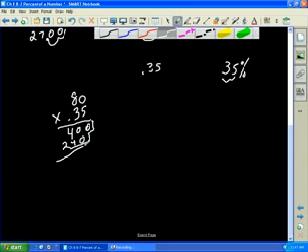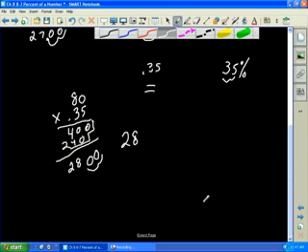And now we add it up. 4 plus 4 is 8. 28. Now remember, we still have to move our decimal point. We have 2 numbers here behind a decimal. 1, 2. And our answer is 28. So 35% of $80, after we make it into the decimal, our answer is 28.